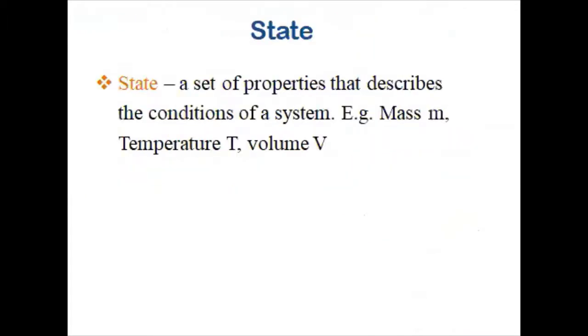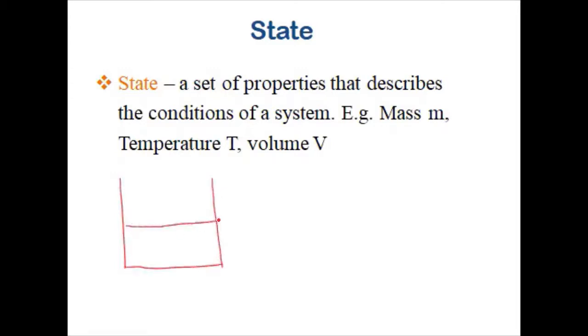Now let's talk about a state. A state is a set of properties that describe the condition of a system. For example, mass, temperature, volume. Let's elaborate more on this state. Let's take an example of the piston and cylinder arrangement.